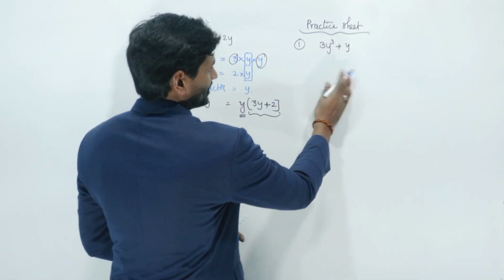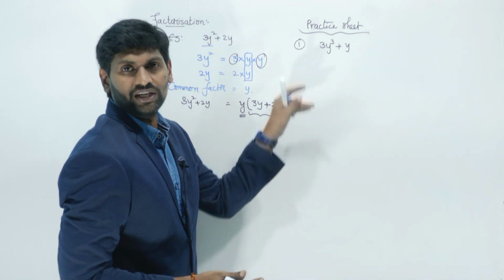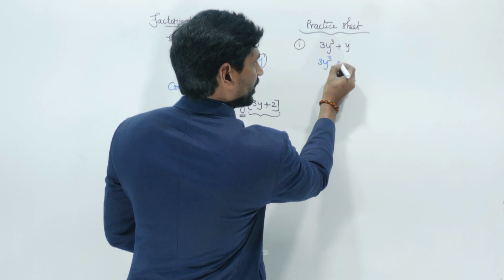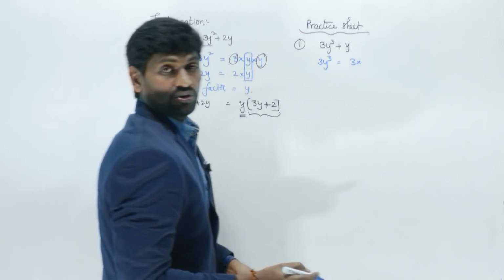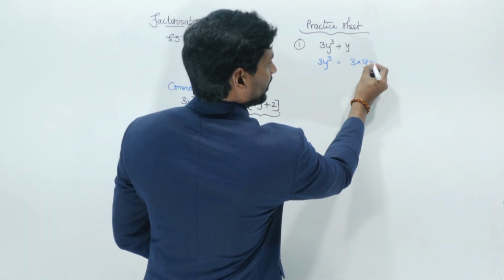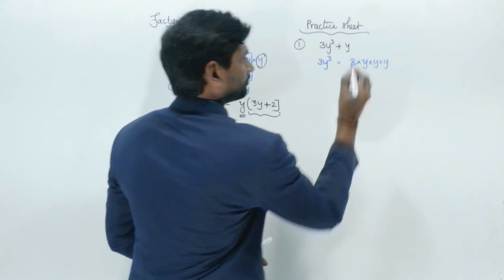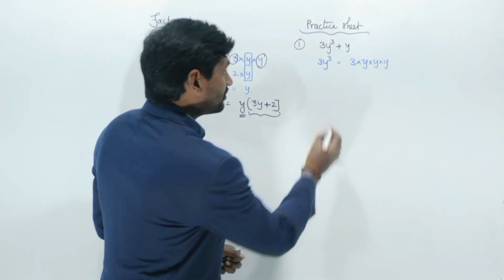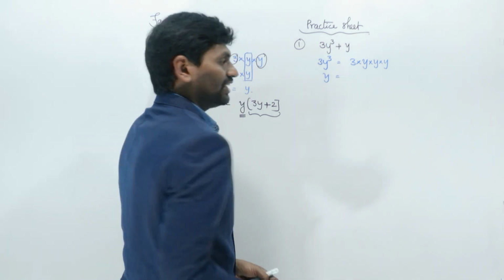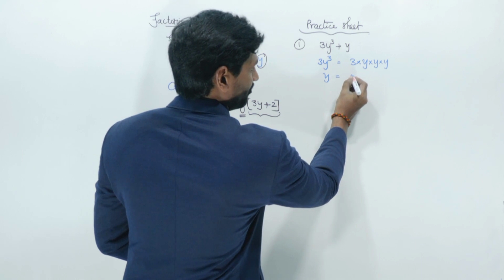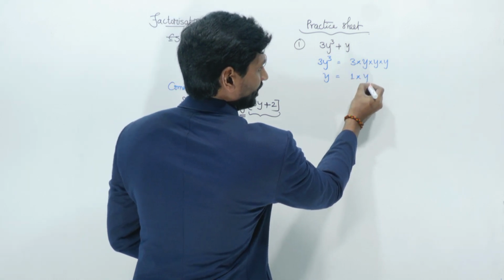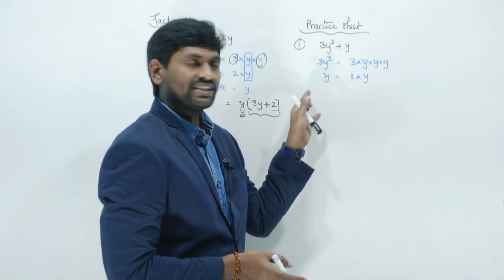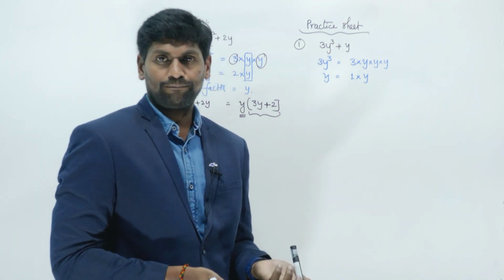Let us try this model for 2 or 3 problems. 3y cube I write as 3 into y cube, which is y into y into y. Now the second term is y. There is no numerical present in the second term, so we can write it as 1 into y.